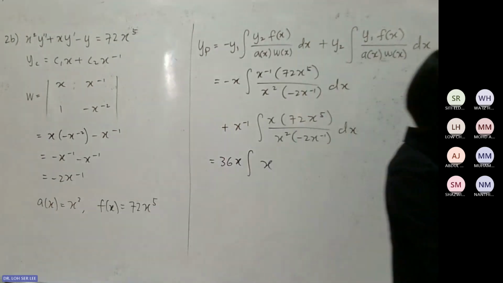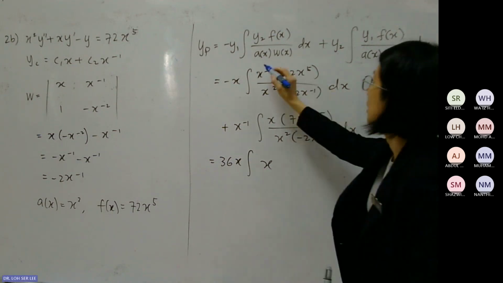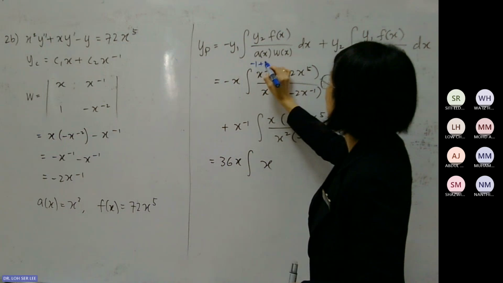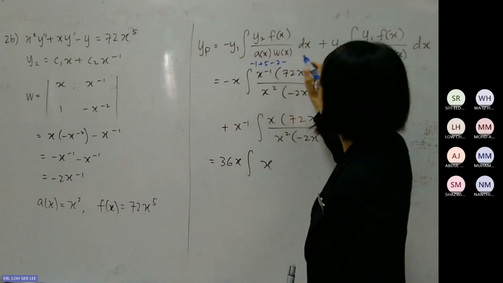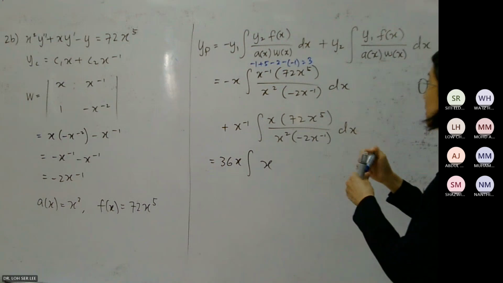What is the new power? Three. -1 plus 5 minus 2 minus -1 is 3.